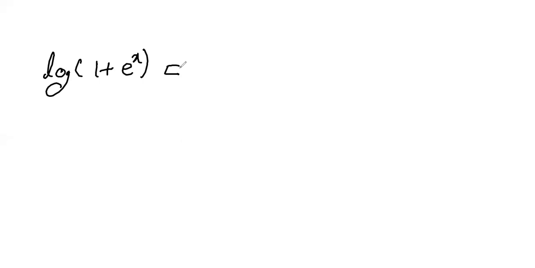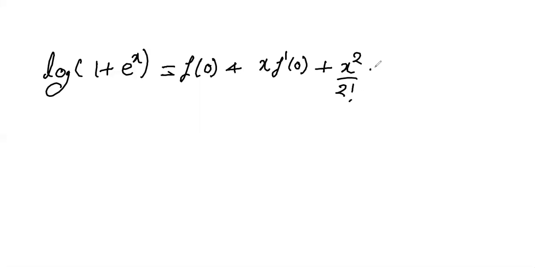Maclaurin series, not Taylor series, Maclaurin series. So it will be f of 0 plus x f dash 0 plus x square upon 2 factorial f double dash 0 and so on.